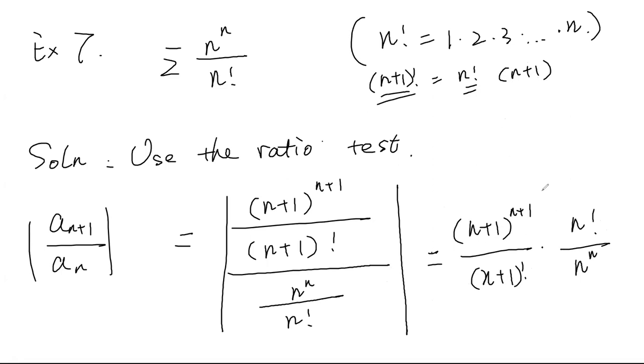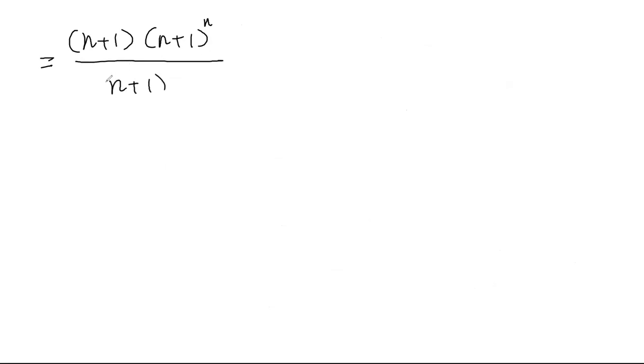And this whole expression is equal to (n plus 1) times (n plus 1) to the n, where I just factor out an (n plus 1) from the (n plus 1) to the n plus 1 power, divided by (n plus 1) factorial times n factorial divided by n to the n power.